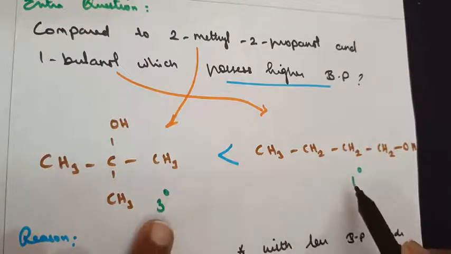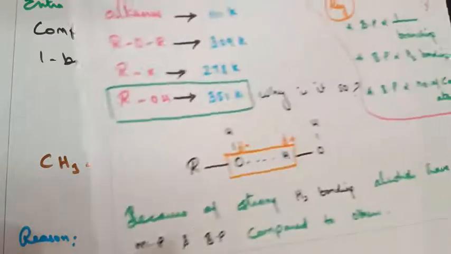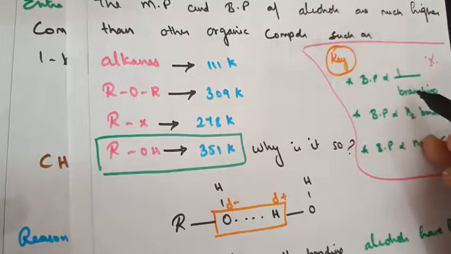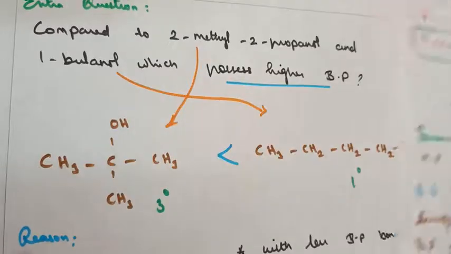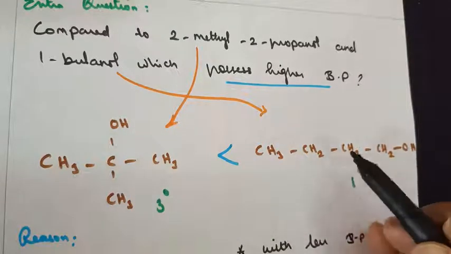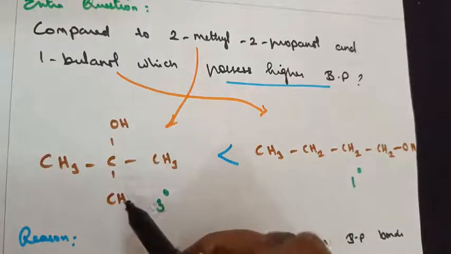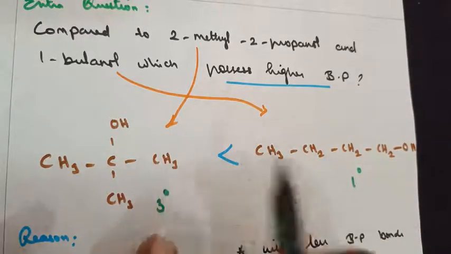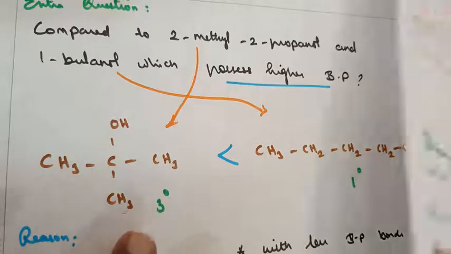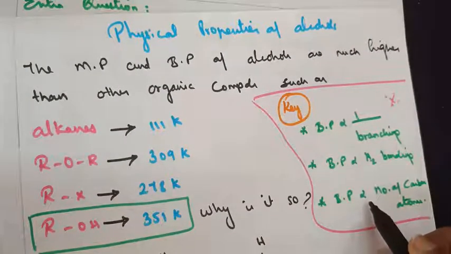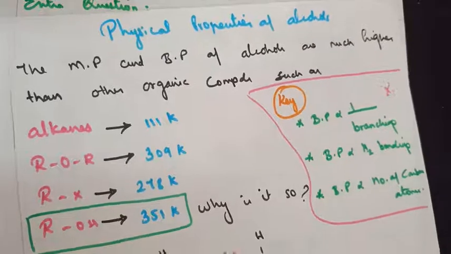So in terms of primary and tertiary, you have the explanation. If you look at it in terms of branching, boiling point is inversely proportional to branching. If branching is found, boiling point will be less. There is no branching here, hence it has a high boiling point. Branching is found here, hence it has a lower boiling point. The same question, you see how many types of explanation are possible. Boiling point is directly proportional to the number of carbon atoms.